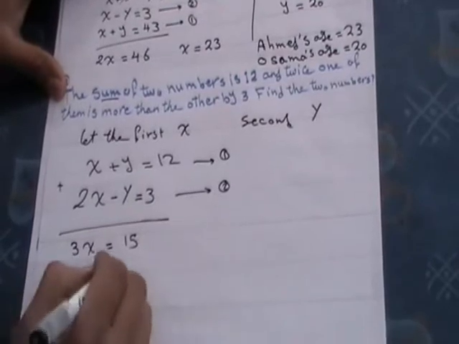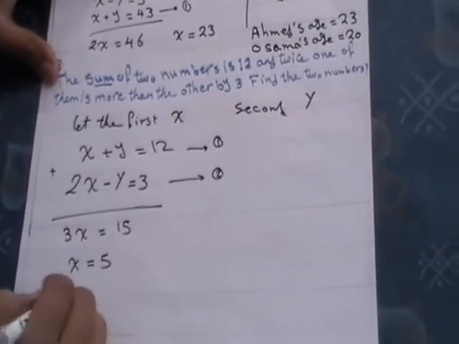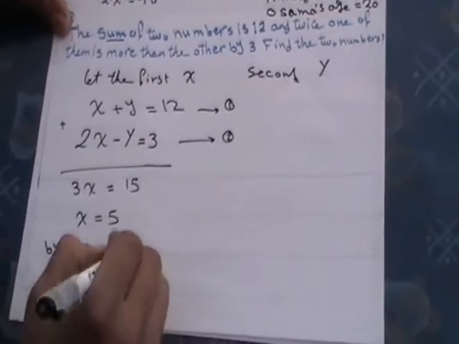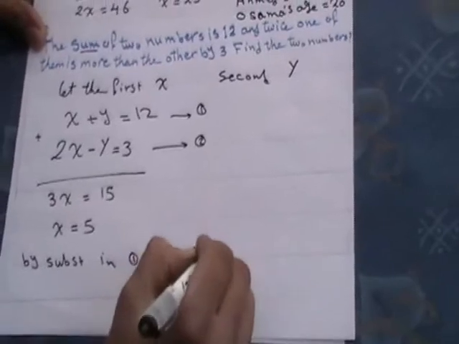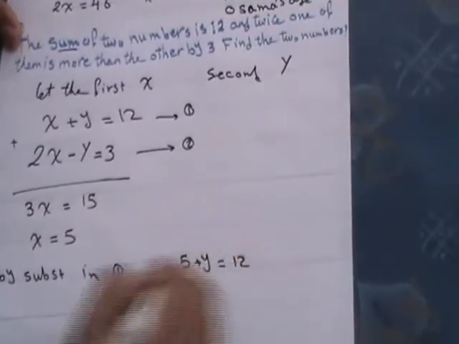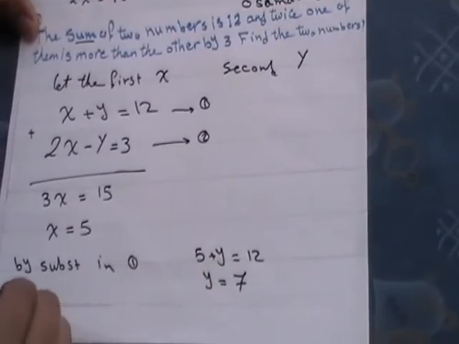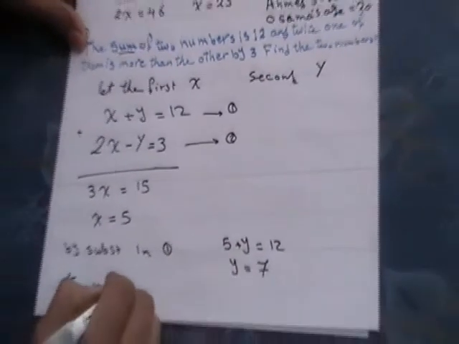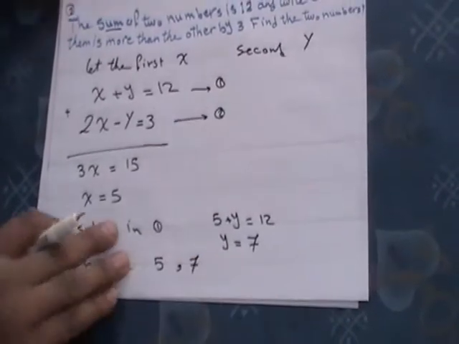So you will have x equals 5. Substitute in one of them. By substituting in equation 1, you will have 5 plus y equals 12. So y will be 7. So the two numbers are 5 and 7.